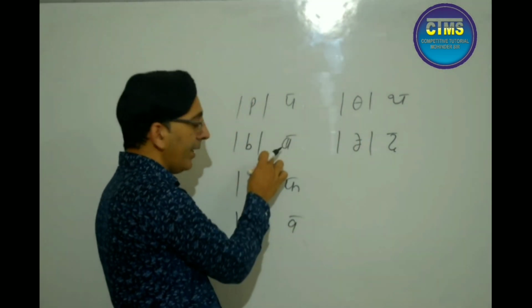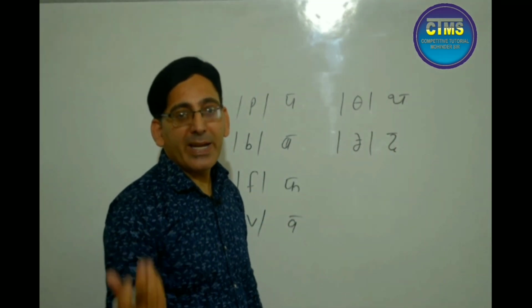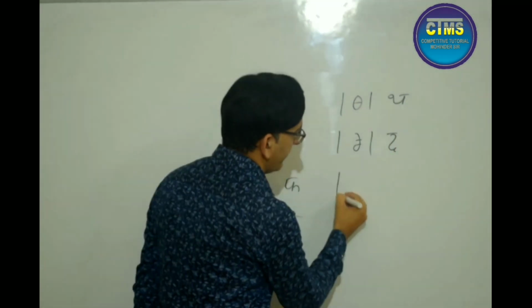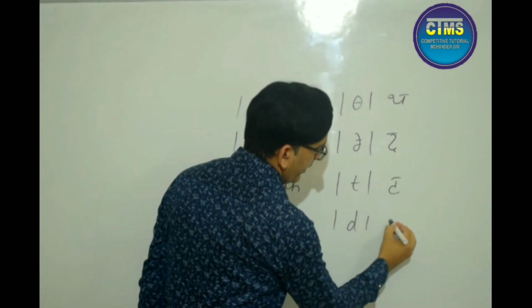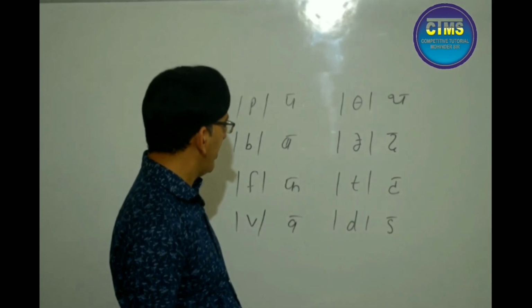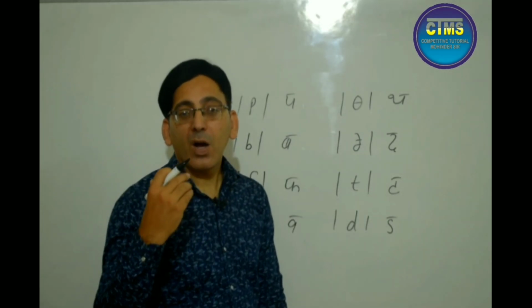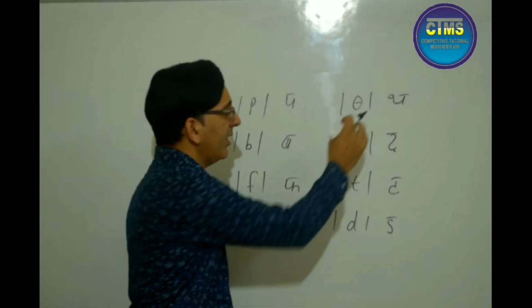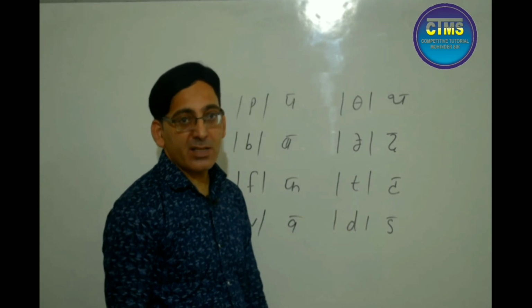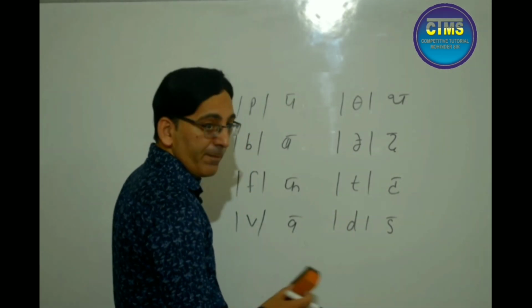So we have the voiceless and the voiced th. So we have talked about 8 consonant sounds. Clear?